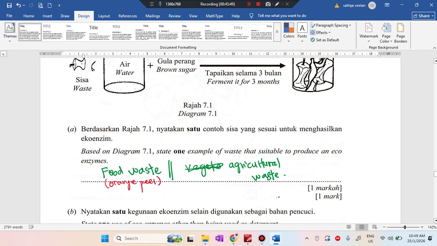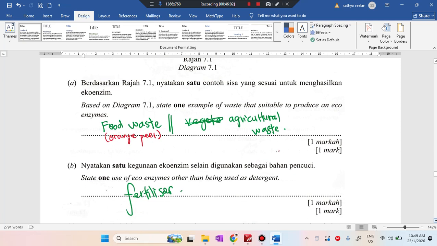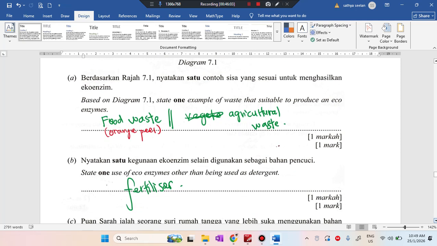Where else can we use the ecoenzyme? Fertilizer. Act as a fertilizer. Yes, you can use it as a fertilizer as well.